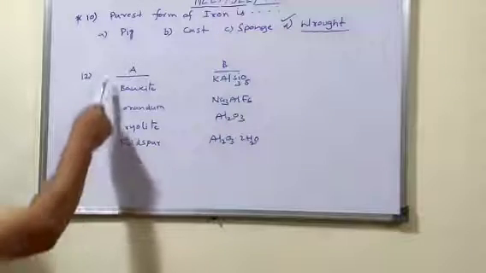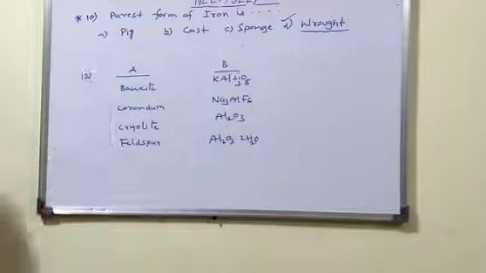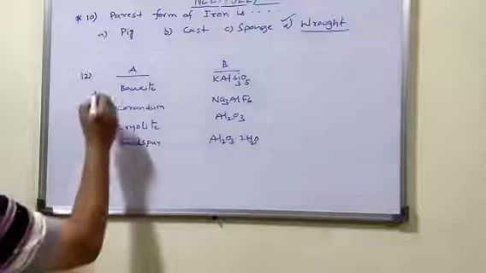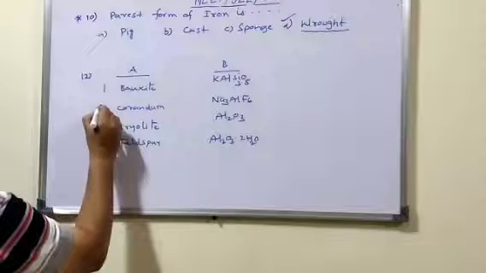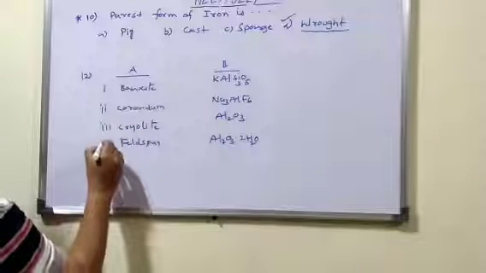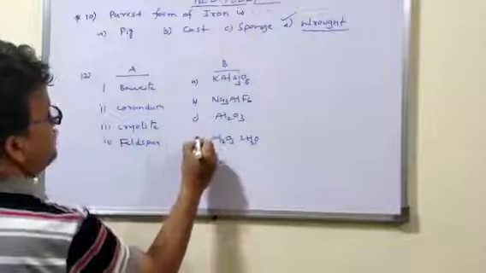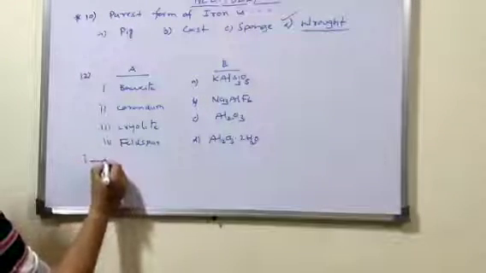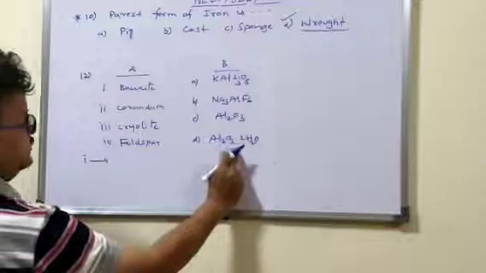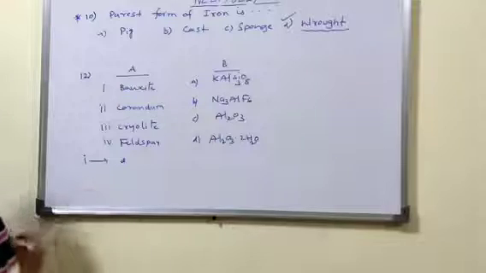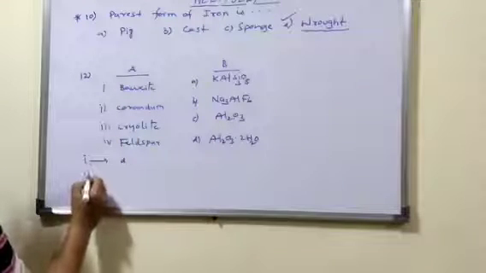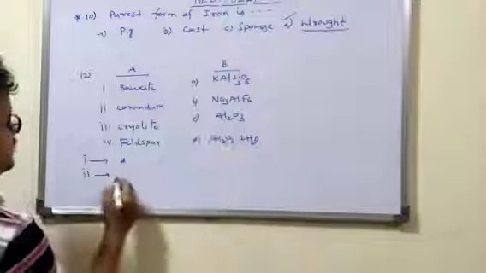See here, all are minerals of aluminum. Bauxite, corundum, cryolite, feldspar, you know very well. And here I am making 1, 2, 3, 4, A, B, C, D. One is bauxite, formula Al2O3 2H2O. Corundum is nothing but Al2O3.